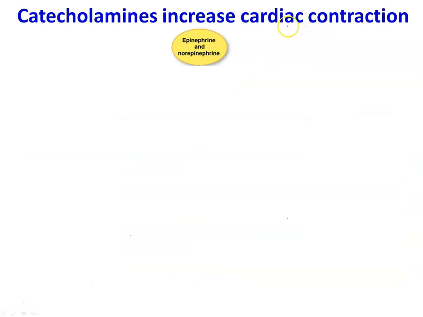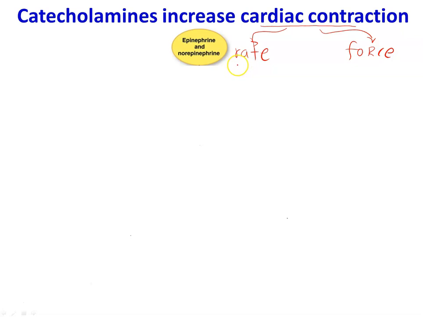In this slide, we will go over the mechanisms of how catecholamines, which are epinephrine and norepinephrine, increase cardiac contraction rate and force. Okay, so rate and force are two ways that the heart can distribute more blood.